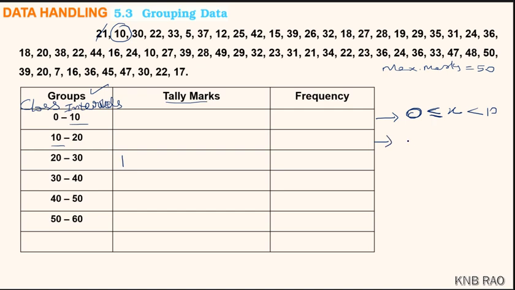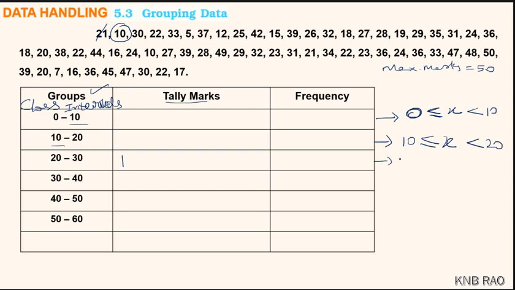Here, whichever observation is either equal to or more than 10 will be considered in the 10 to 20 class interval, but that should be less than 20.